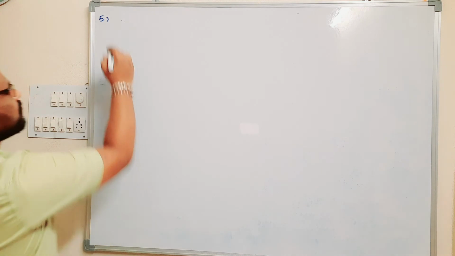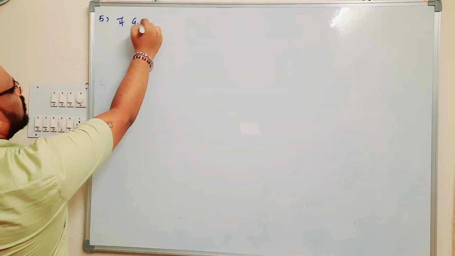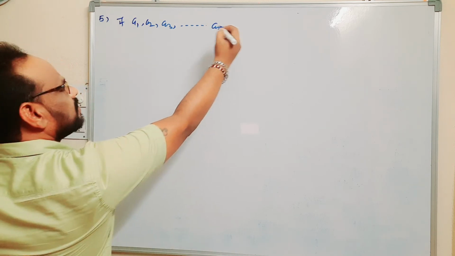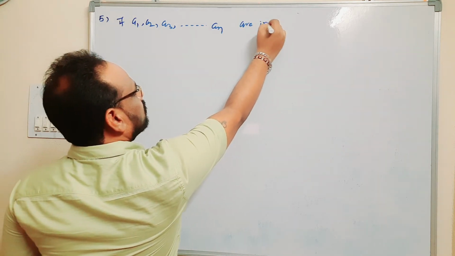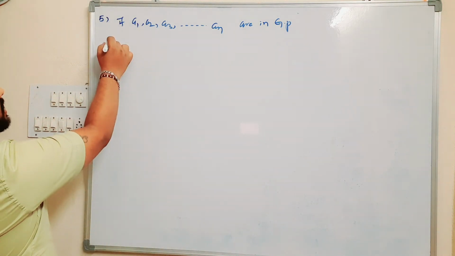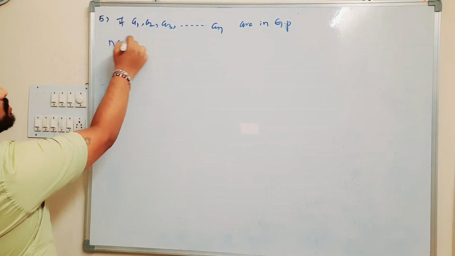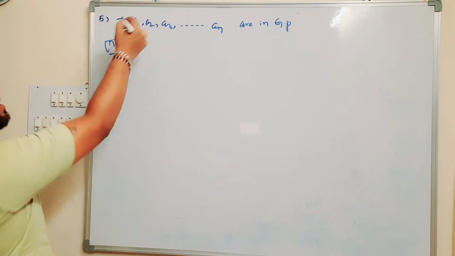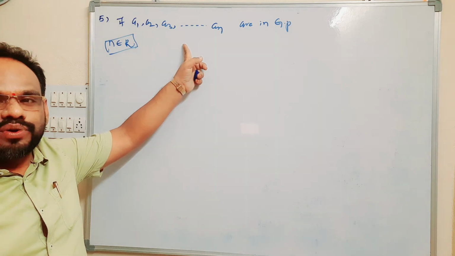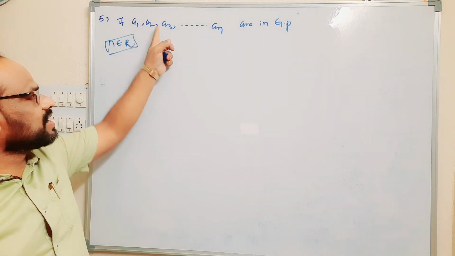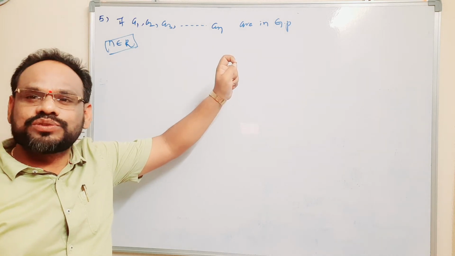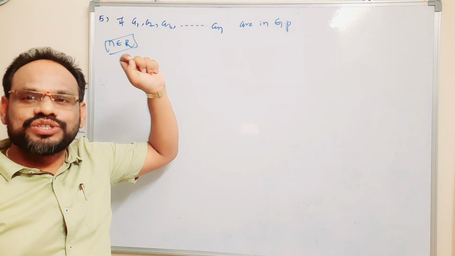Observe here, if a1, a2, a3, and so on, an are in geometric progression, take n belongs to R, each term of a geometric progression be raised to the same power, then the resulting sequence also forms a geometric progression.